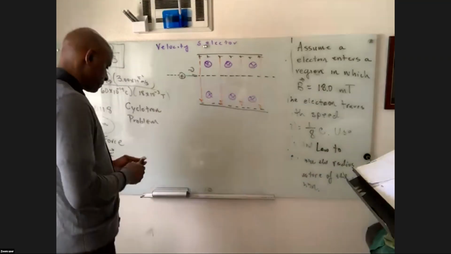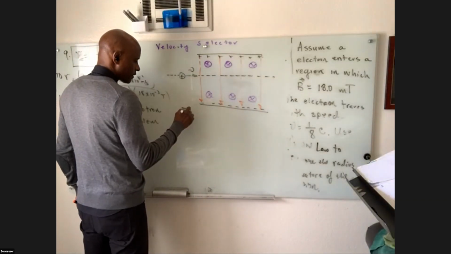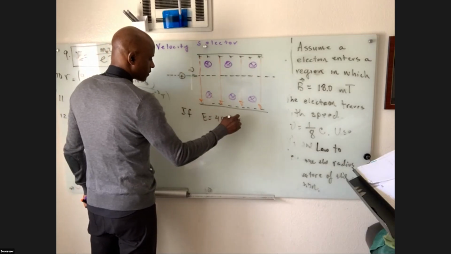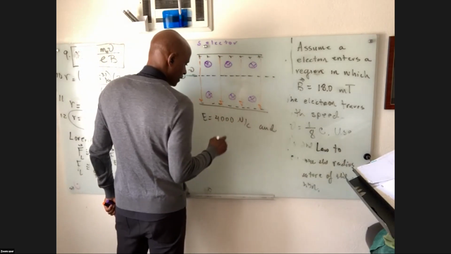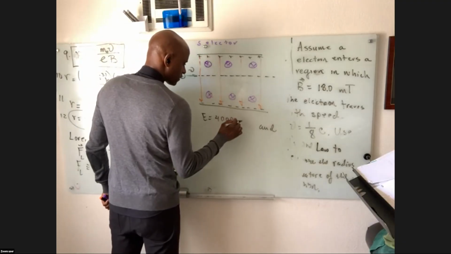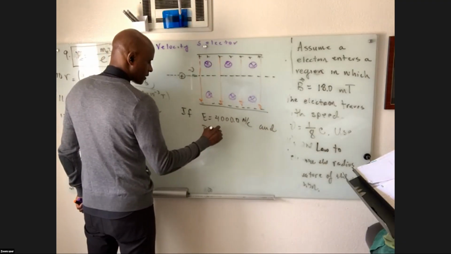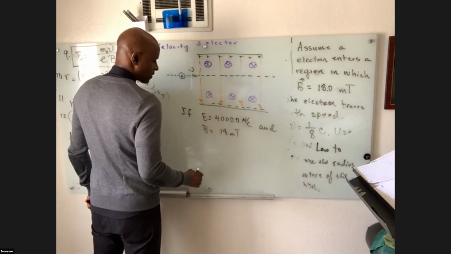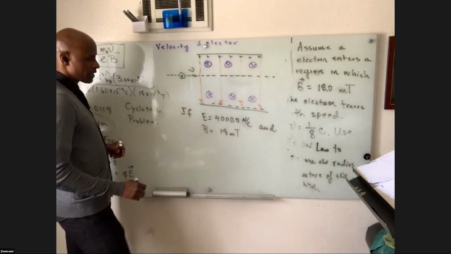Cool. Let's do this. Let's say that E is equal to 4,000 newtons per coulomb, and B equals, let's go with the 18 millitesla. Determine the speed that this particle would have to go through without being deflected.